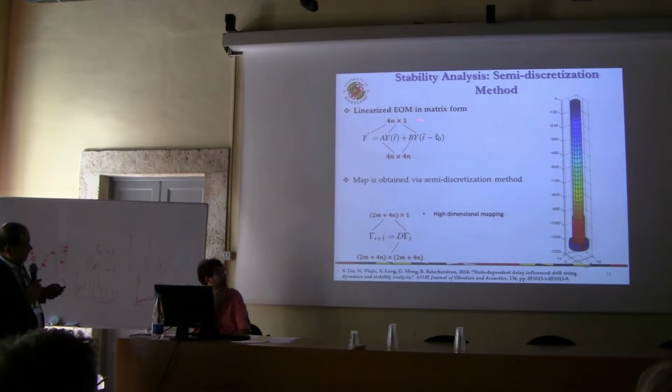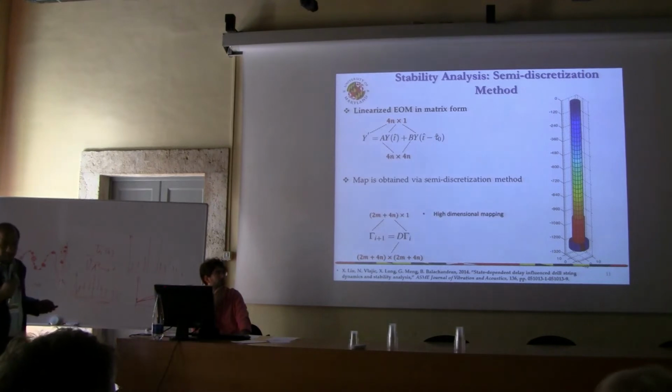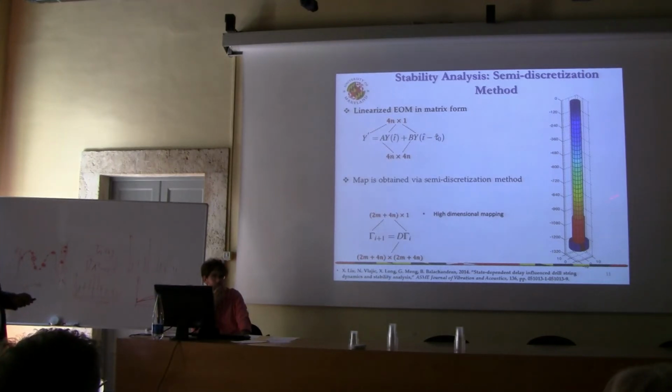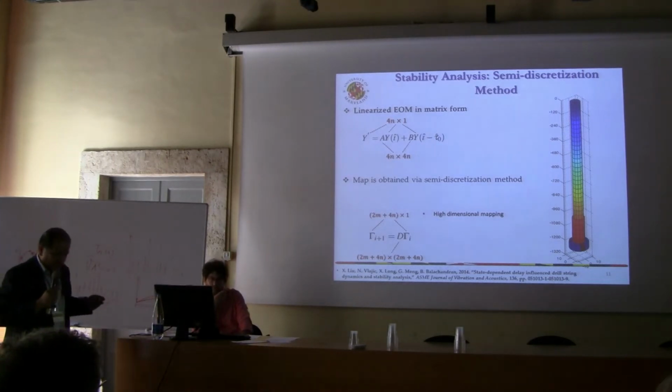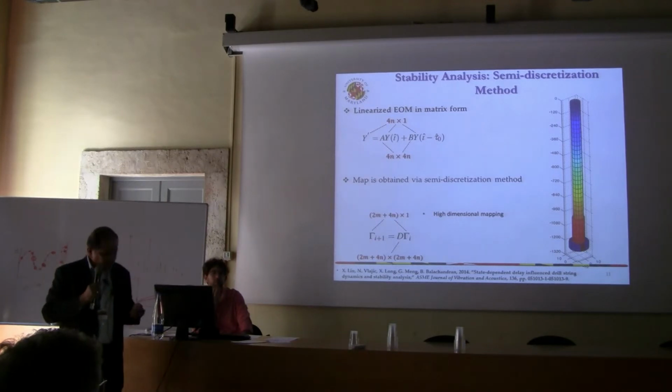Then I can go from a linearized system to a high-dimensional map, and then I can look at fixed points of this map and eigenvalues of this map to see if the corresponding motions are stable or unstable.